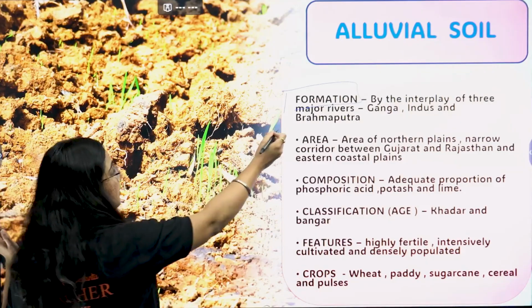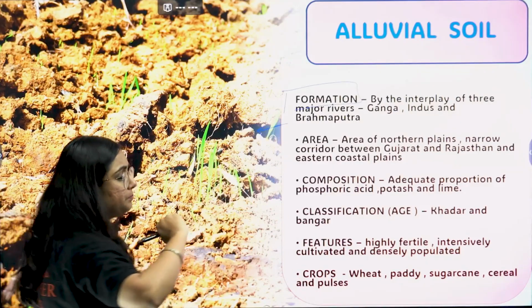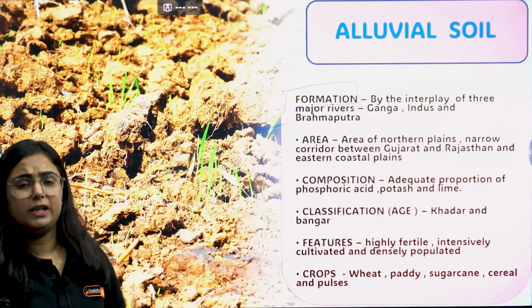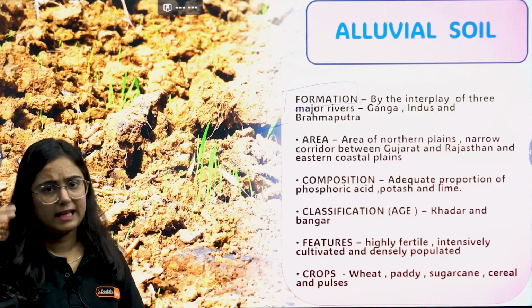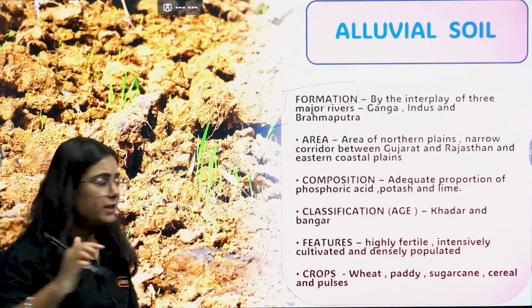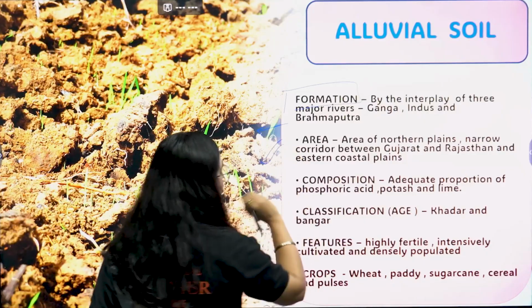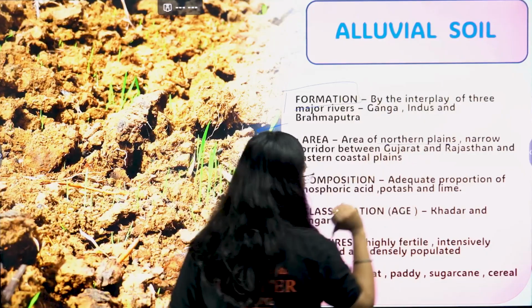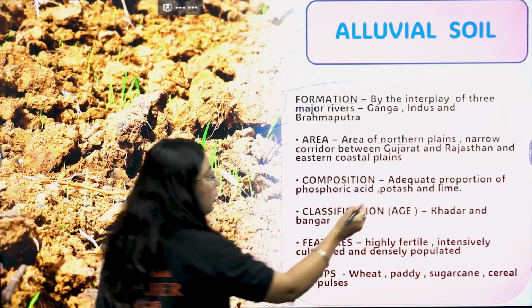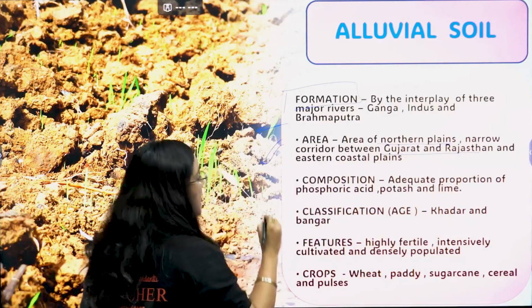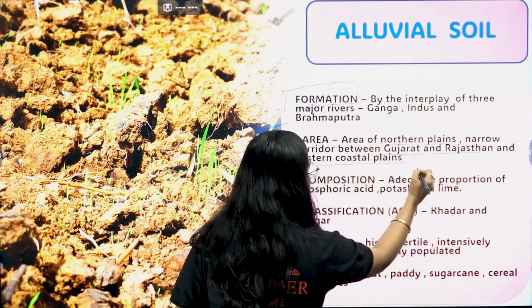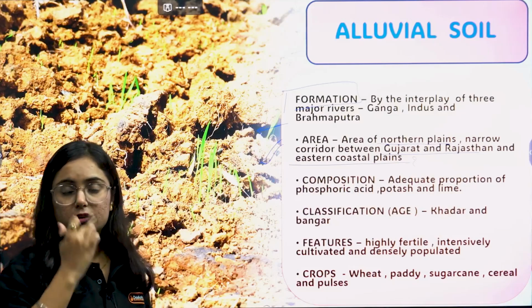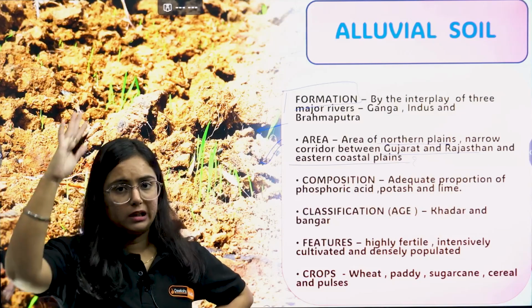So this leads to the formation of alluvial soil entirely in the northern plains, because these 3 major rivers are entirely in the northern plain. But what are the areas covered? Pay attention. The areas of northern plain, a narrow zone between Gujarat and Rajasthan, and eastern coastal plain. Now the question is, ma'am, how it can be eastern coastal, as the 3 rivers are flowing in the northern part of India?